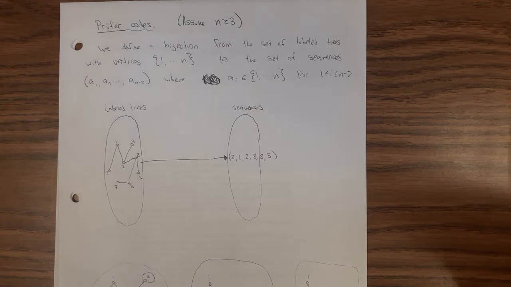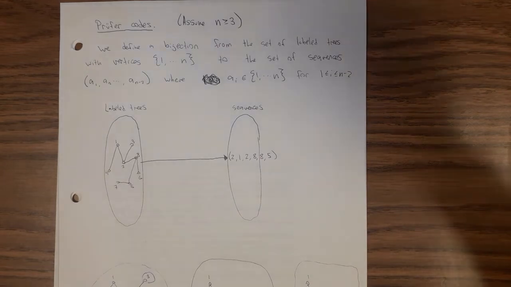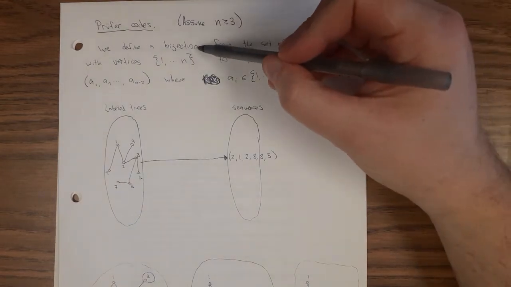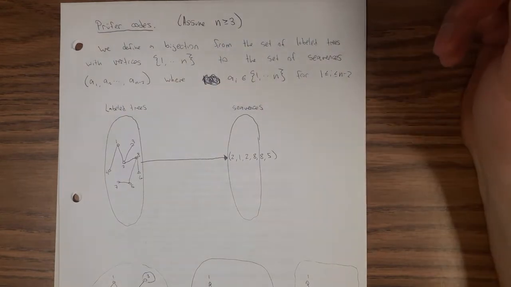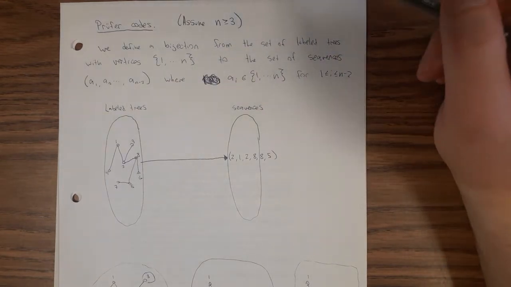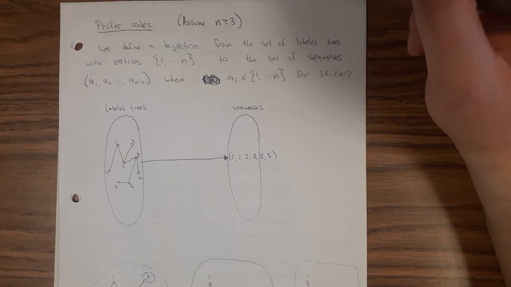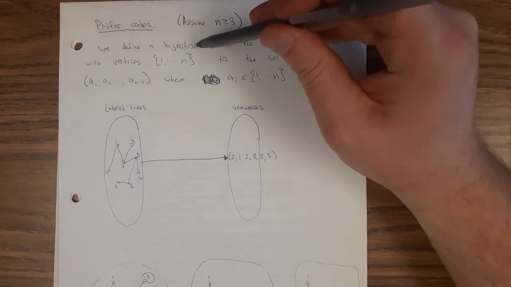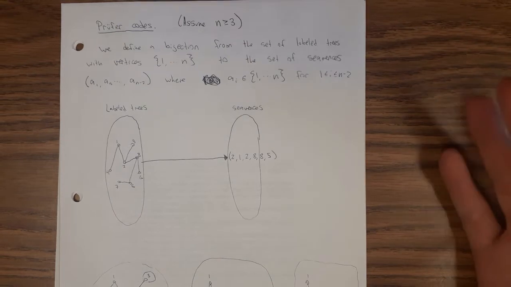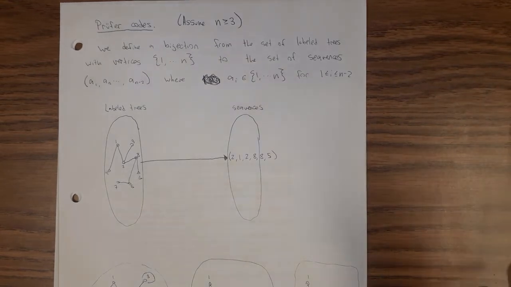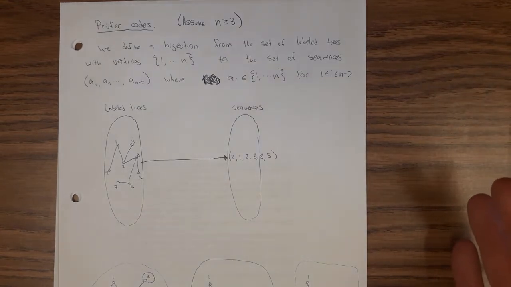So if you think about it, if we can show that there is such a bijection, then that proves Cayley's formula. A bijection between two sets is proof that they have the same cardinality, right?